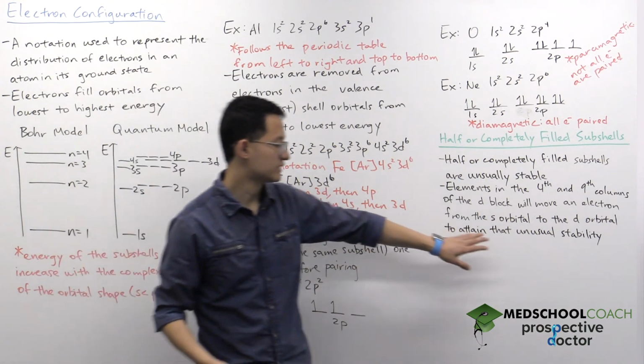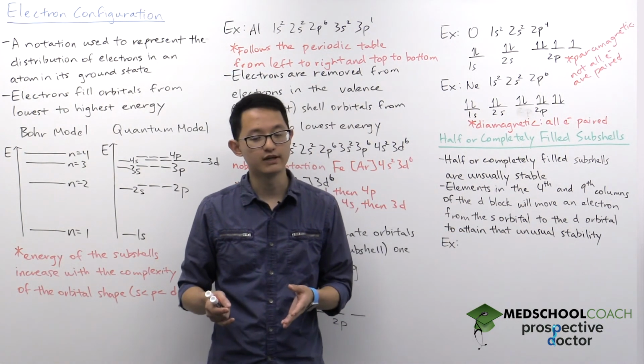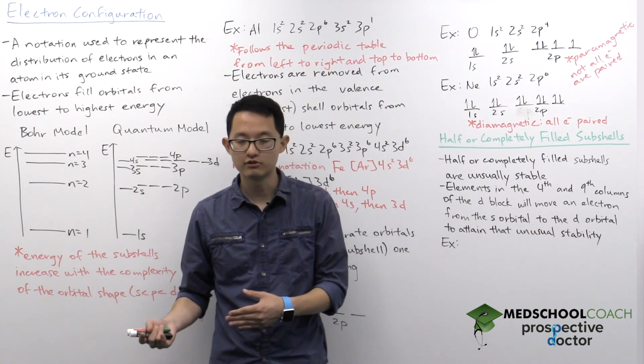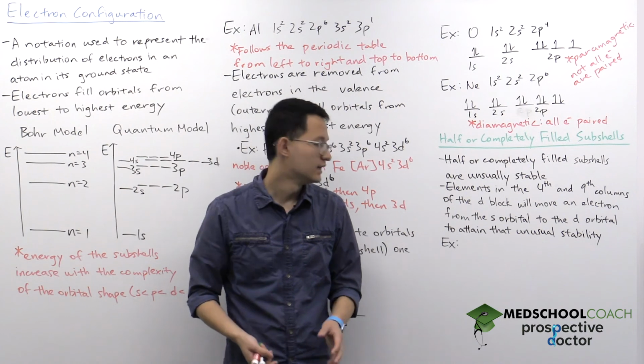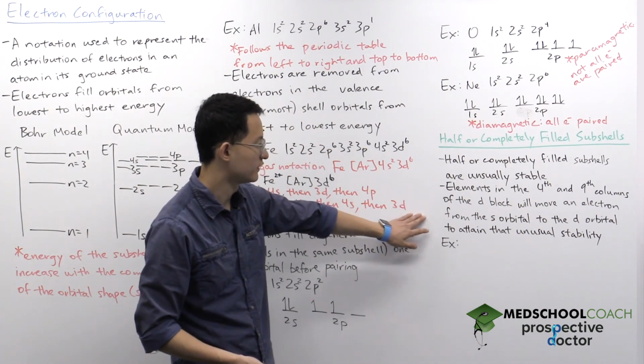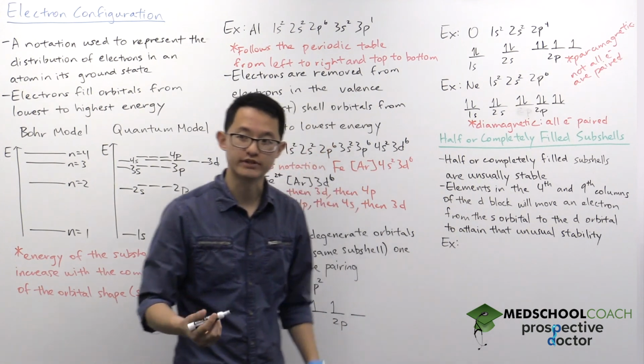So what these elements in the 4th and 9th columns of the d block will do is they'll actually move an electron from the s orbital to the d orbital to get that unusual stability of having a half or completely filled subshell. So we can take a look at a couple examples.